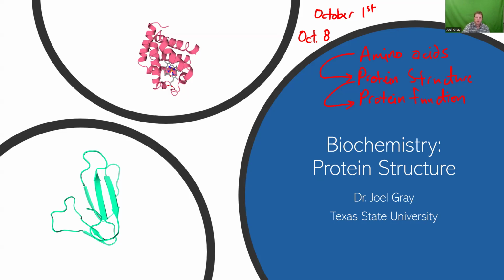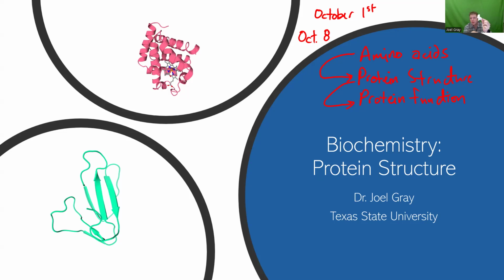Now, whenever I talk about the relationship between a protein structure and its function, what that means is, and I'm going to try to recreate this as best I can, we've got two proteins, and I did my best to replicate the structure. Just imagine that these two proteins have basically the exact same structure.